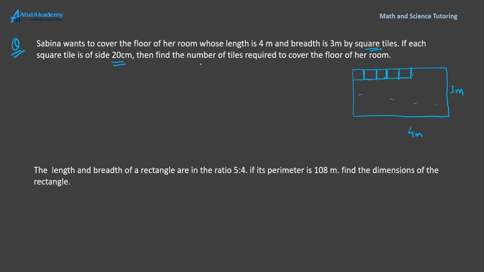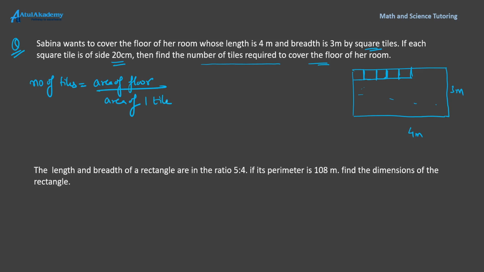You need to find out the number of tiles required to cover the floor of her room. Now here, always take care whenever you have to get the number of tiles, number of envelopes, all those types of questions. Number of tiles will be equal to area of floor divided by area of one tile, one smaller thing.